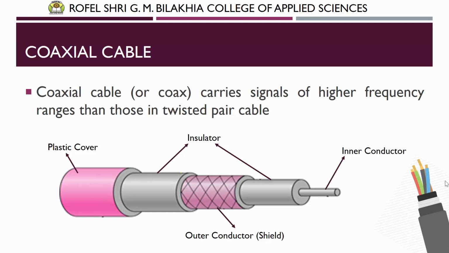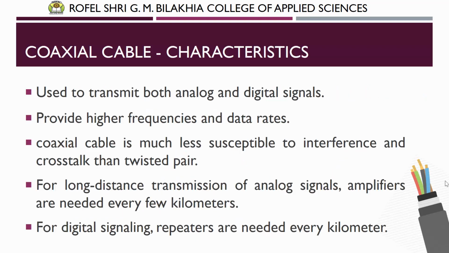Now let me describe the characteristics of coaxial cable. Coaxial cable is used to transmit both analog and digital signals. It has frequency characteristics that are superior to those of twisted pair cable, so it can be used effectively at higher frequencies and data rates.